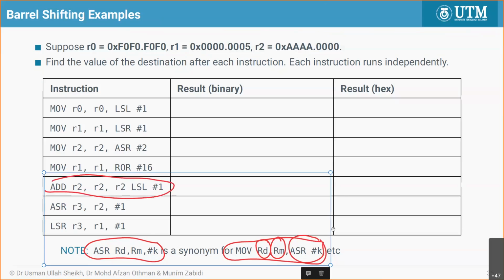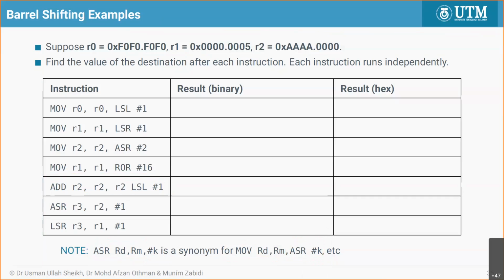Okay, might as well do it one by one. Okay, what's this answer? This number is too complex. Not too bad. Okay, so this number, logical shift left 1 bit.